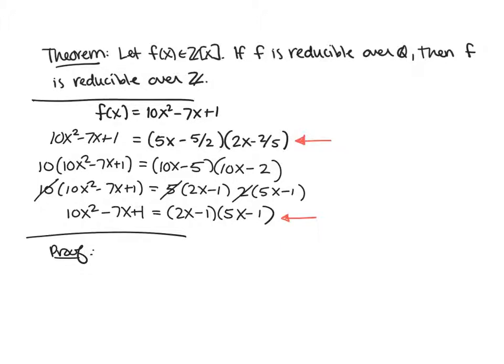All right, so let's suppose we have a factorization, f is reducible over Q. And we may assume that f is primitive.